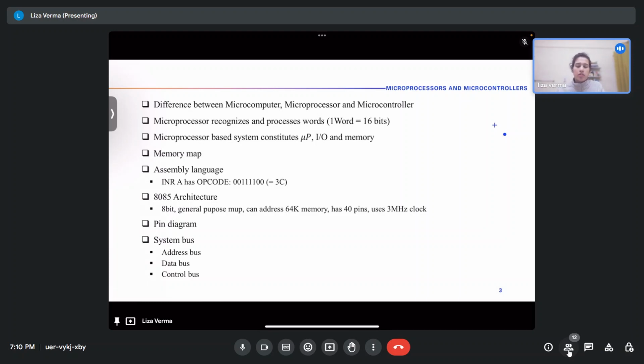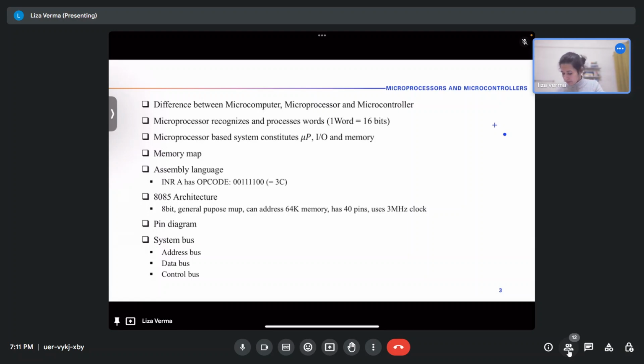The peripheral devices or chips that are used to store the output are not part of the microprocessor. That is the basic difference between a microprocessor and a microcontroller. A microcontroller would have a microprocessor as well as the memory and IO chips embedded on a single IC. I hope that is clear.